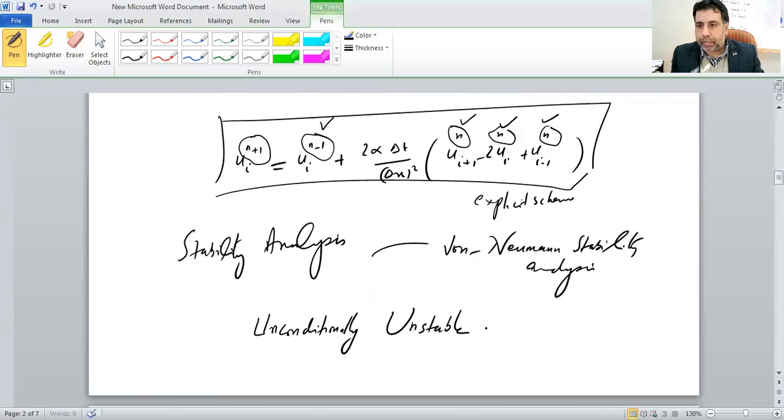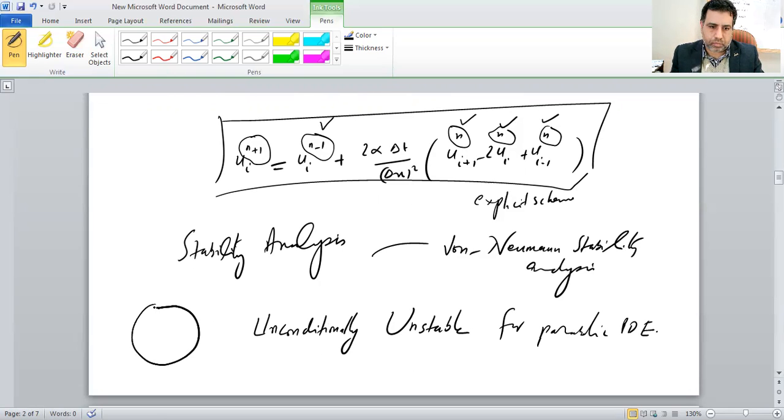So this is bad news, because unconditionally unstable schemes you cannot use. So this is unconditionally unstable for this heat problem, for this parabolic PDE.